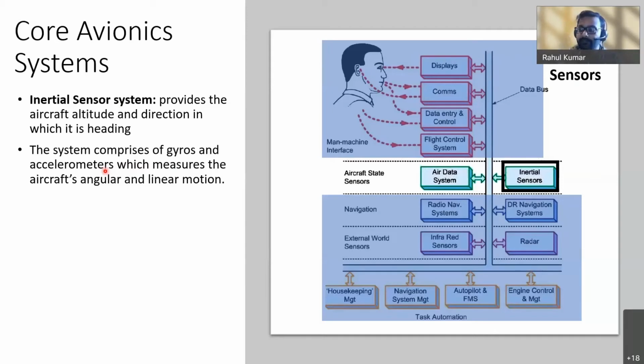It can individually give the location or position of the aircraft with the help of the inertial sensors, your gyroscope and accelerometer. The gyroscope gives information about the angle at which the aircraft is flying, and the accelerometer gives the speed of the aircraft.